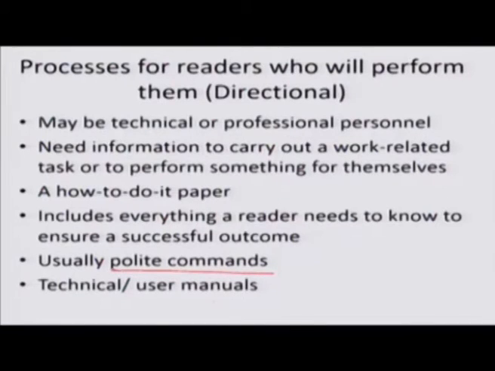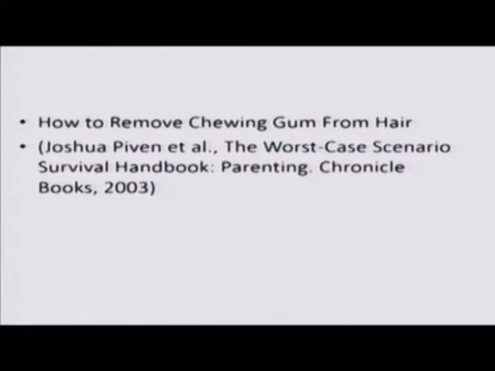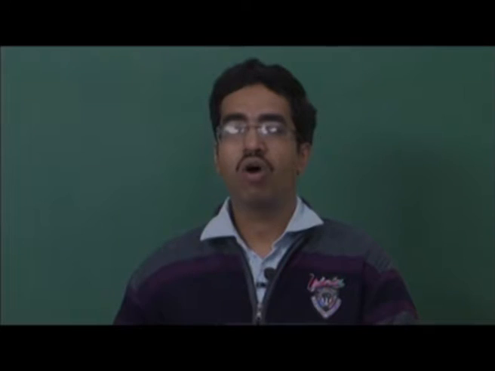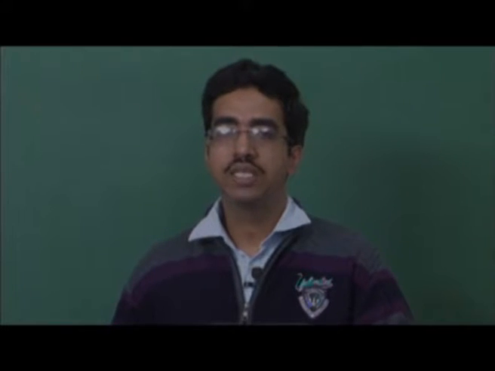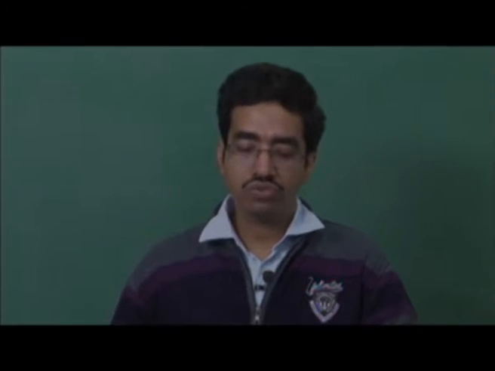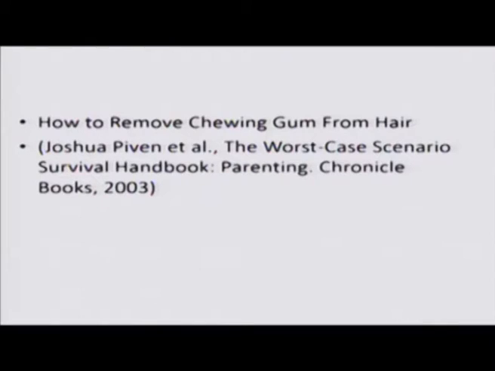This is usually found in technical manuals and user manuals. Now, we will look at an example of a simple directional process analysis. This is about how to remove chewing gum from hair. So, this is a very simple one.